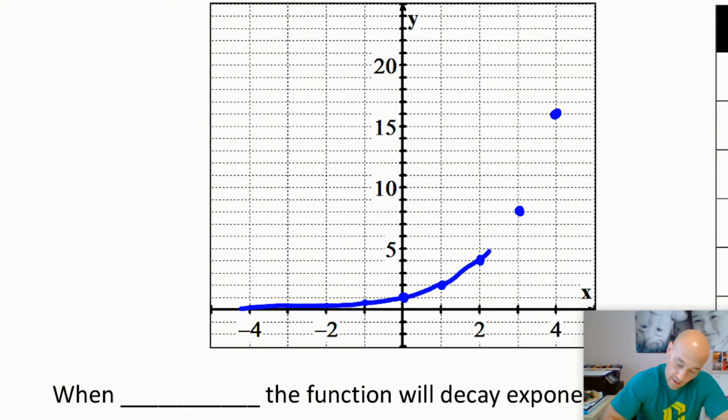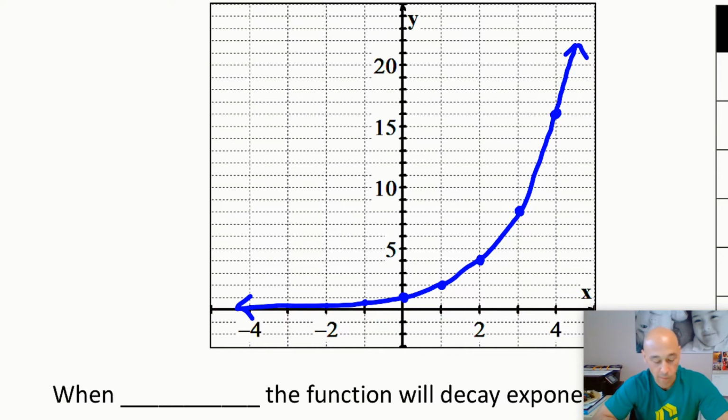It's going to have this nice curved shape to it, and it'll go on and on in that direction. Later on we'll talk about it, but this is called an asymptote. The asymptote is the place that the function never touches. It gets really close to it.